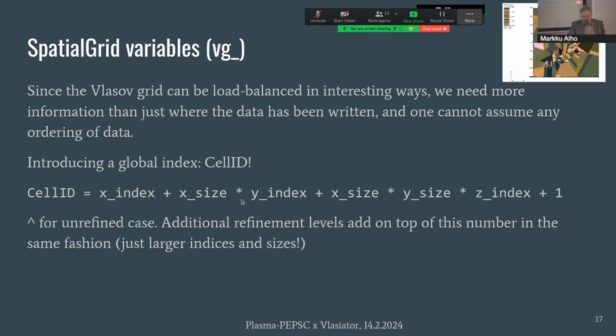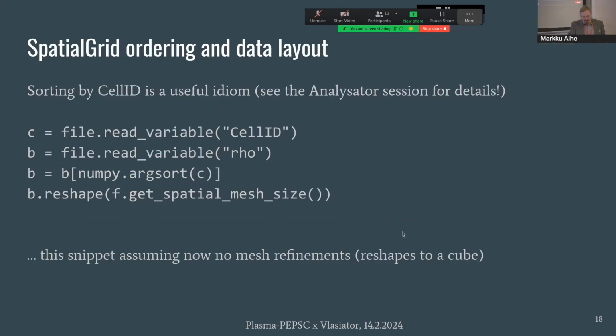So that maps it to a regular grid. And Markus will be giving you some examples on this. But this assumes there are no mesh refinements, and these mesh refinement tools we have been slowly adding into Analysator as well. So it's starting to be a bit more complete now in that respect as well.